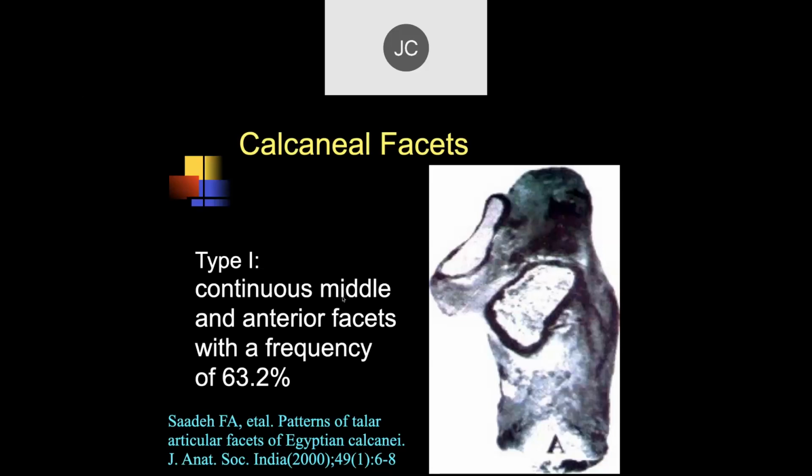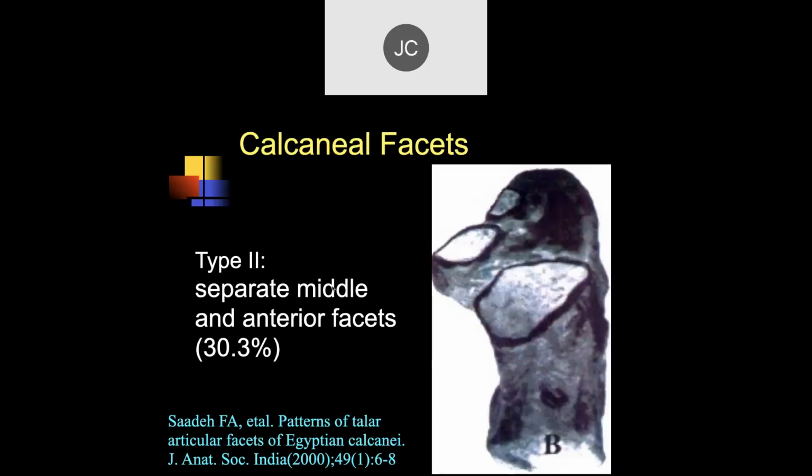I don't believe these numbers are correct for the US population, but it was in this one cadaver study where the majority of the time they saw continuity between the anterior and middle facets of the subtalar joint and a separate posterior facet. Type 2, they had all three separated, which is the common one I think we see in our population, where you have an anterior facet, a middle facet, and a posterior facet, which are actually separate.